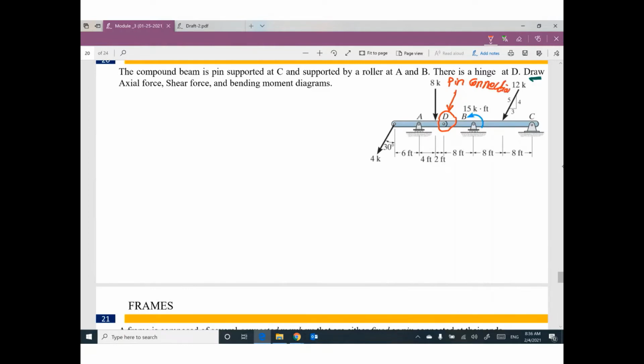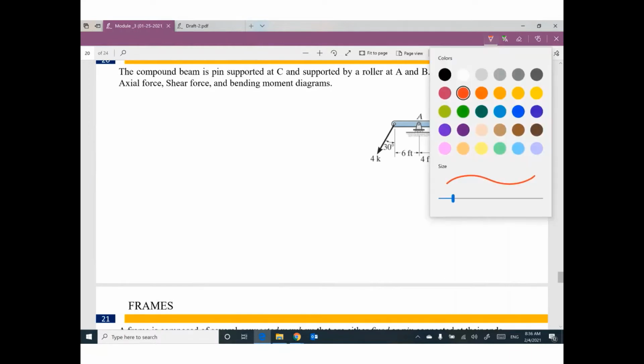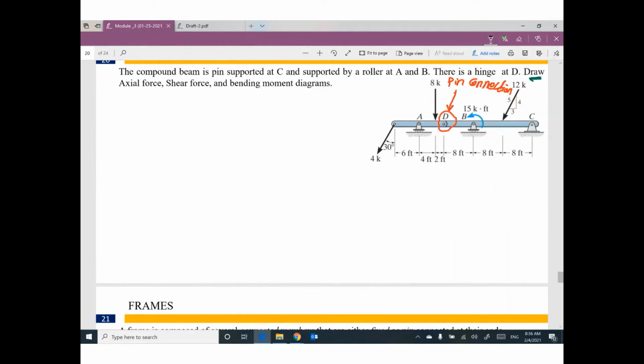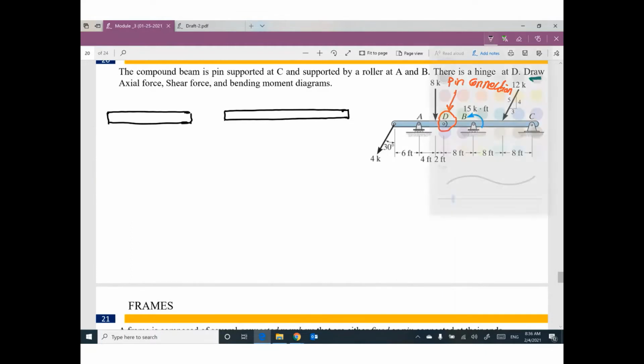Do you remember that? If you have a pin connection, I will do separation. This is the first part, and here is the second part. Does that make sense?